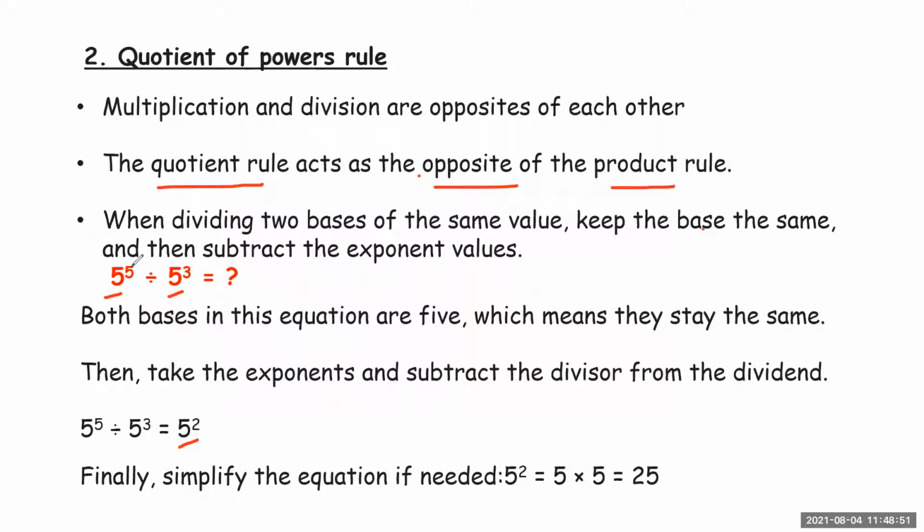In this case, 5 minus 3 is 2. Once you have this, you can simplify and write it as 25. What will happen if it is 3 here and 5 here? Then it will be 5 power minus 2, which is 1 over 25.